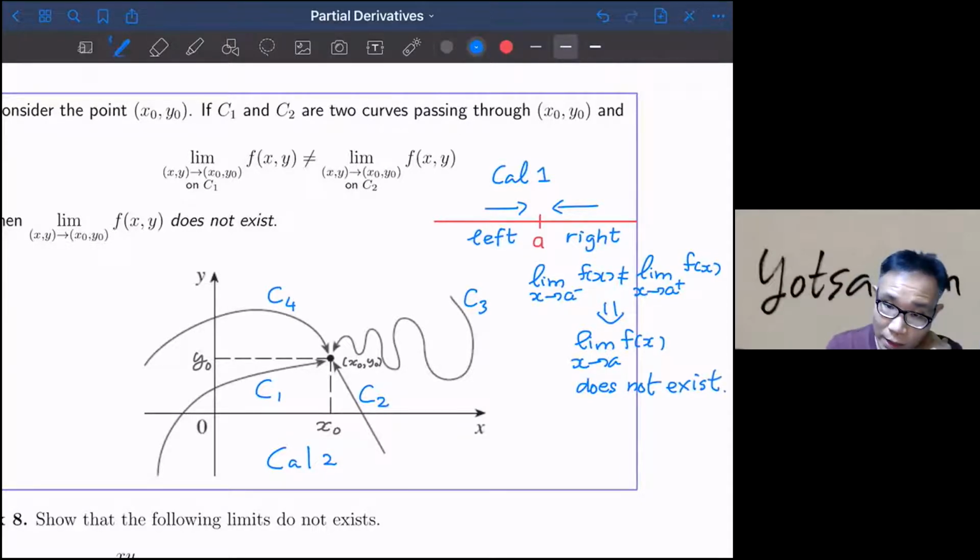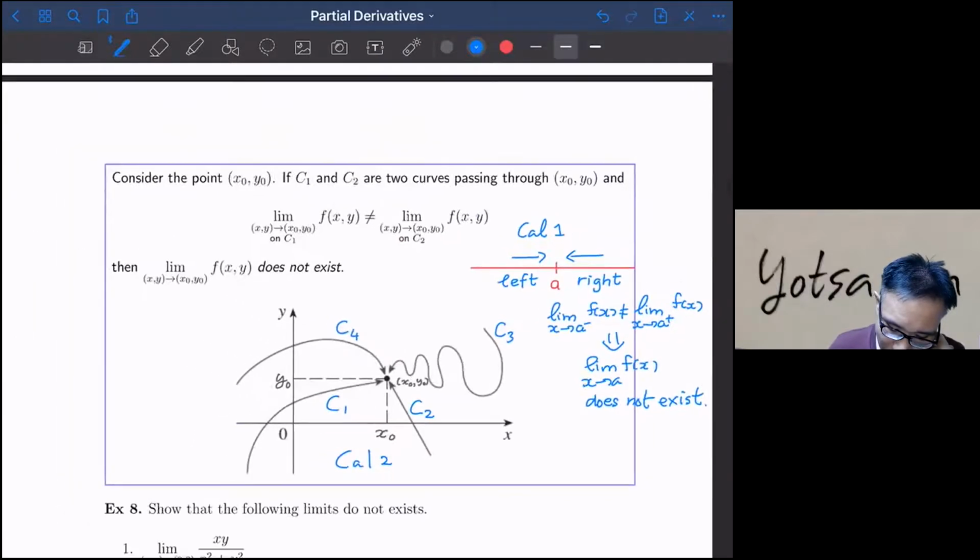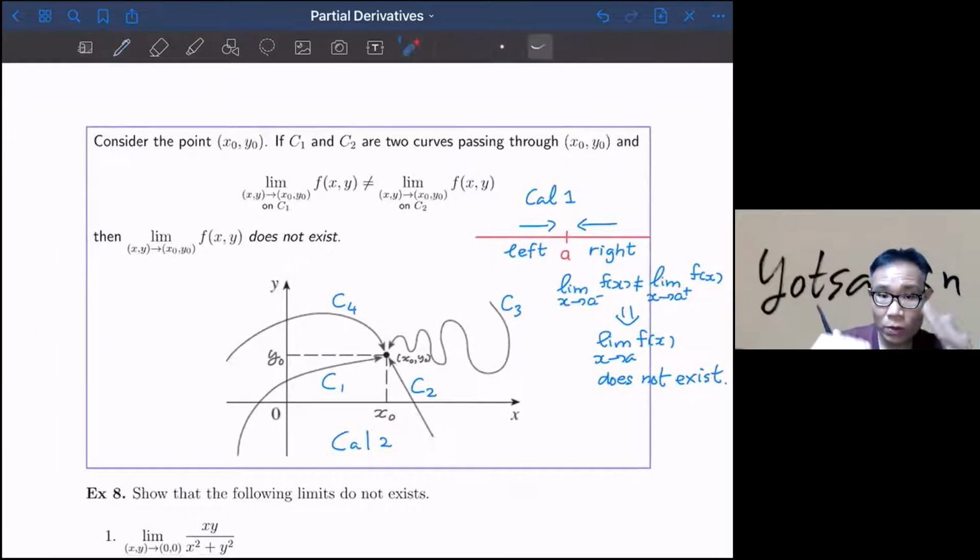So this is calculus 1: if the left limit is not equal to the right limit, the limit does not exist. However, for calculus 2, you can go to (x0, y0) in infinitely many ways.